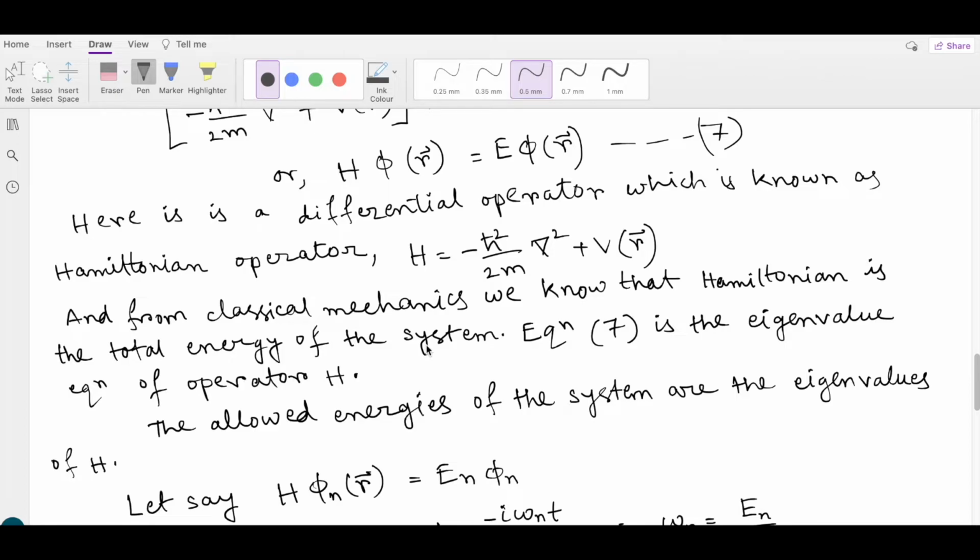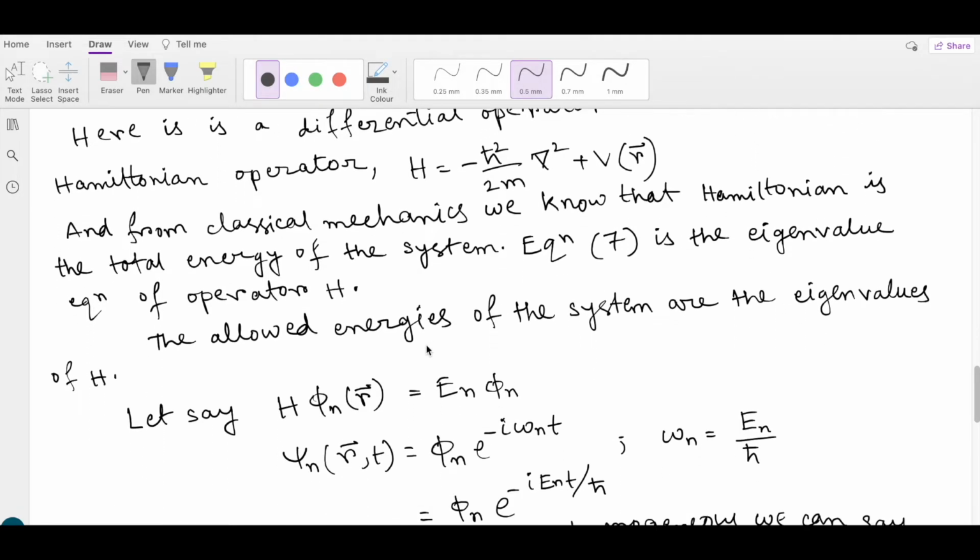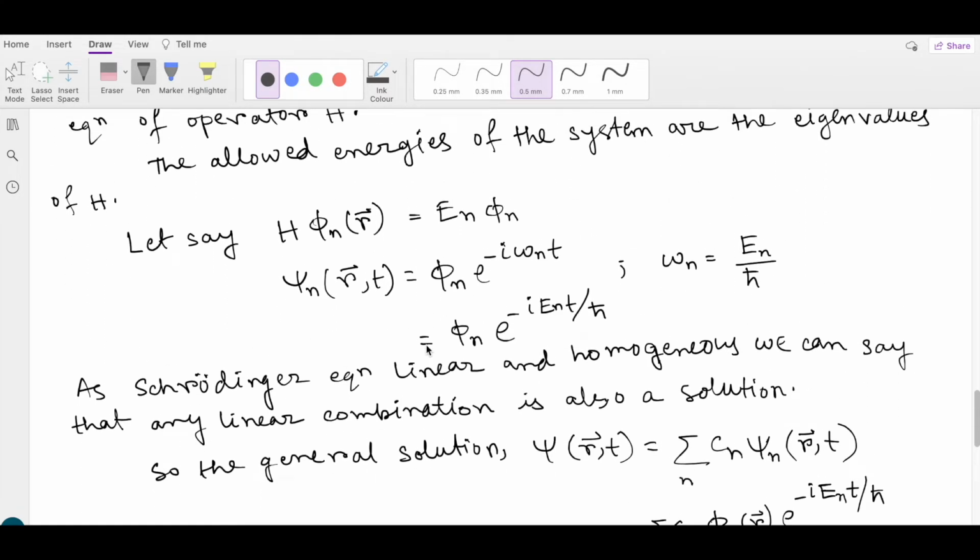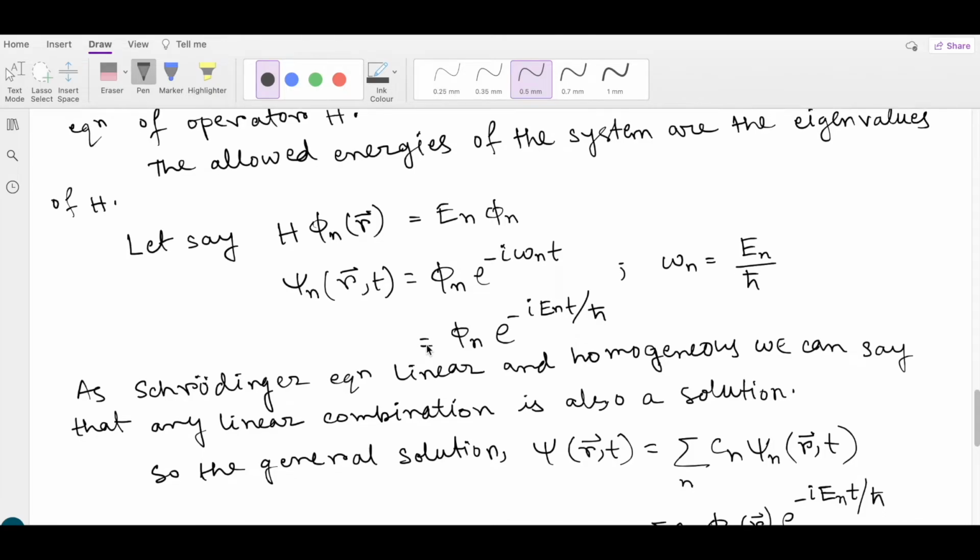That's why the Hamiltonian operator acts on the wave function φ(r), giving its energy E. Equation 7 is the eigenvalue equation of the operator H. The allowed energies of the system are the eigenvalues of H.